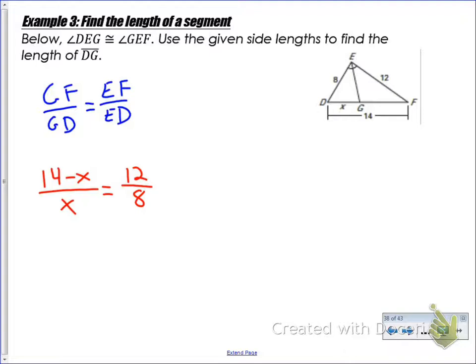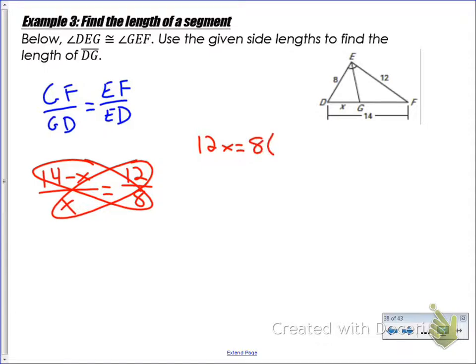So we'll go ahead and cross multiply. 12 times X is going to be 12X, and that's going to be equal to 14 minus X times 8. Now remember, it's going to be 8 times parentheses 14 minus X, which means I need to distribute. 8 times 14 is 112, minus 8 times X is going to be minus 8X here.